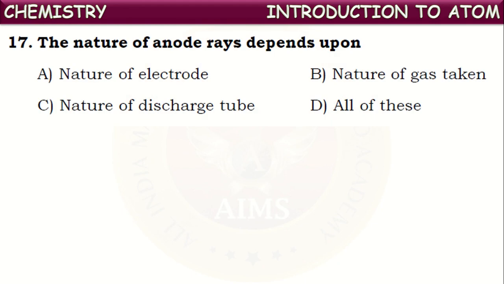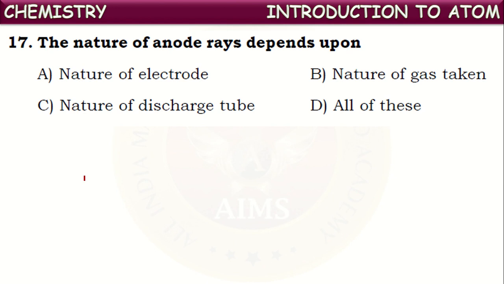Next one. The nature of anode rays depends upon. It is the only point which is different from the properties of cathode rays. Of course, all the properties will be shown similarly with anode rays and cathode rays, but in the opposite way. But here, it is entirely different for anode rays.